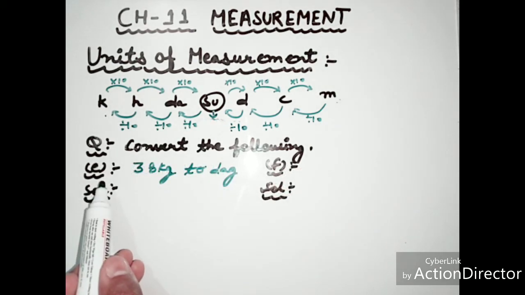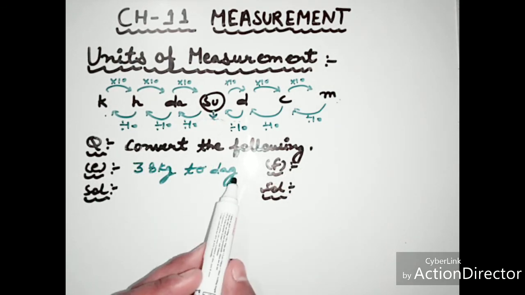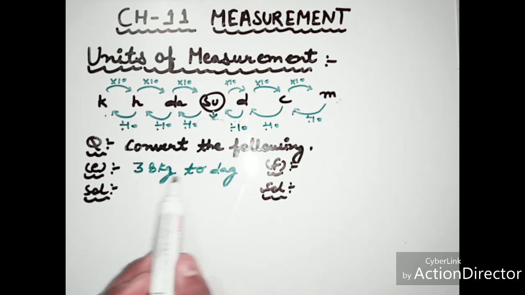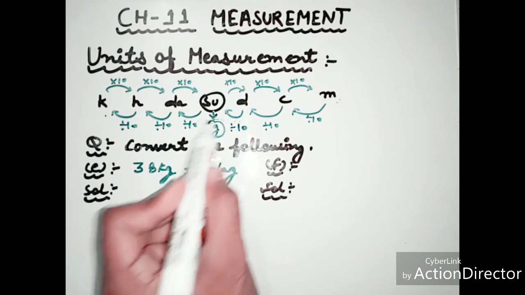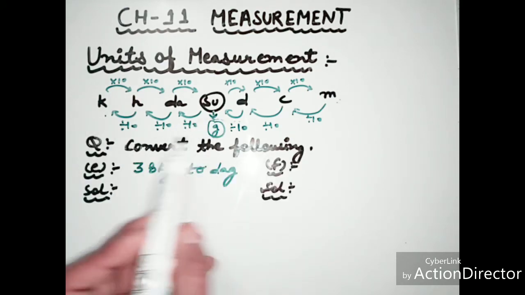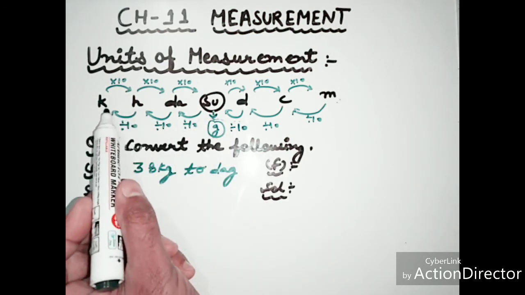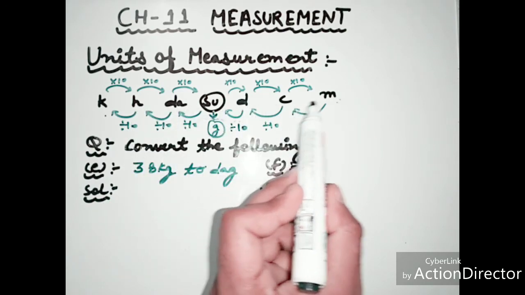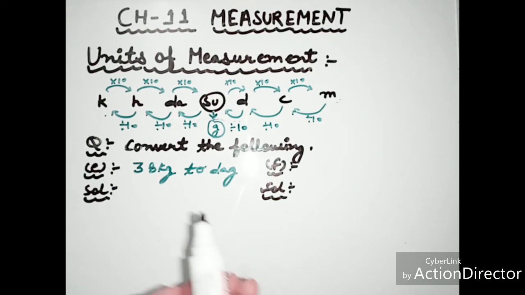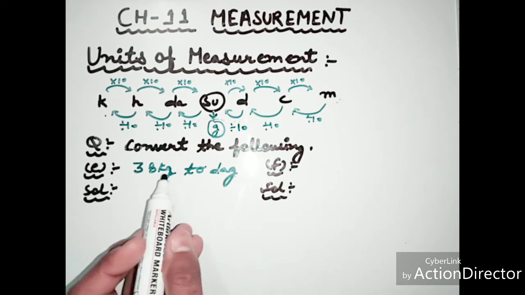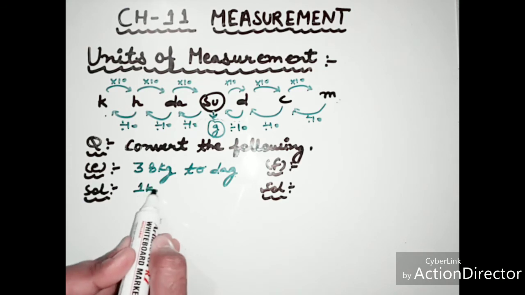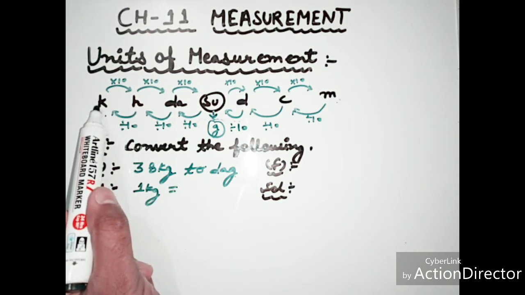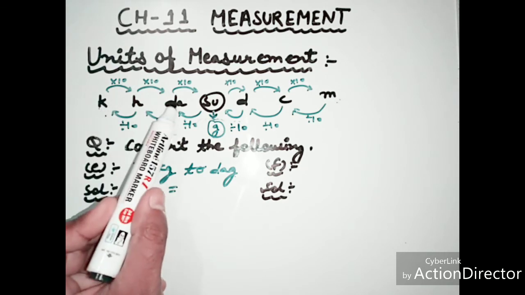Example number E, 38 kilogram to decagram. Here we convert 38 kilogram to decagram, and here we take standard unit gram. So the all prefix with gram, kilogram, hectogram, decagram, gram, decigram, centigram and milligram. So here first we check how many decagram in 1 kilogram. So 1 kilogram equal to, kilo place is here means kilogram is here and decagram is here.